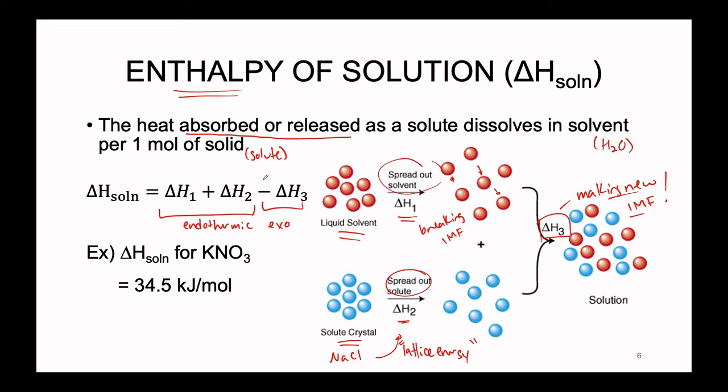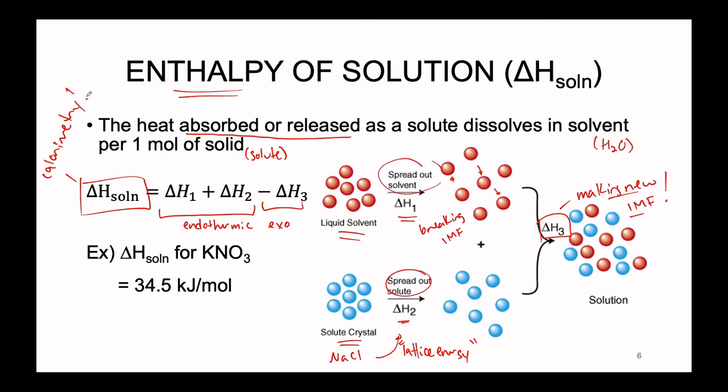So each of these 3 individual pieces, delta H1, delta H2, and delta H3, we can look up in some type of table or calculate computationally, and when we put these 3 pieces together, we would find an enthalpy of solution. It can be difficult, though, to find delta H1, delta H2, and delta H3 experimentally, which is where it's useful just to directly observe our delta H of solution, which can actually be found in the lab using calorimetry!